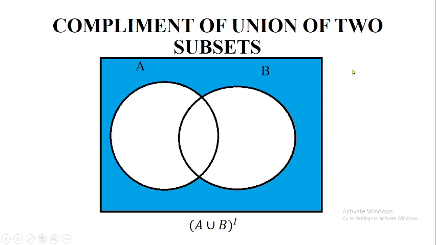Those elements in the universal set that are not in A union B are (A union B) complement. I hope you understand that as well. All the elements in this colored area represent (A union B) complement, because all the elements here and here represent A union B, so the elements in the colored region are not part of it.